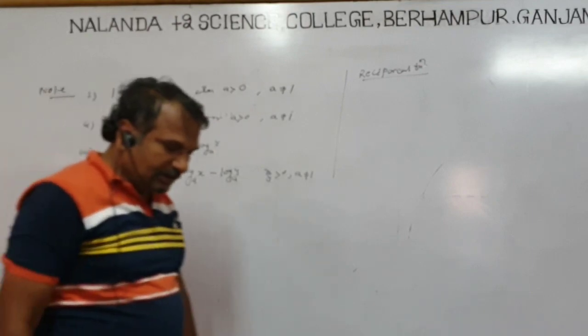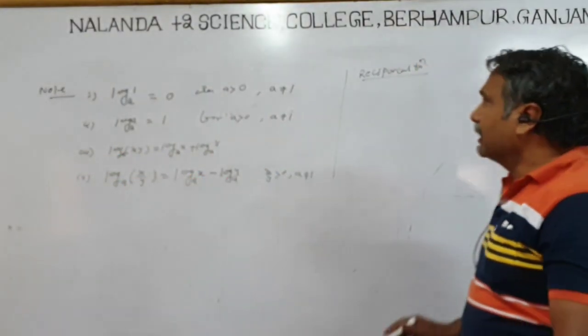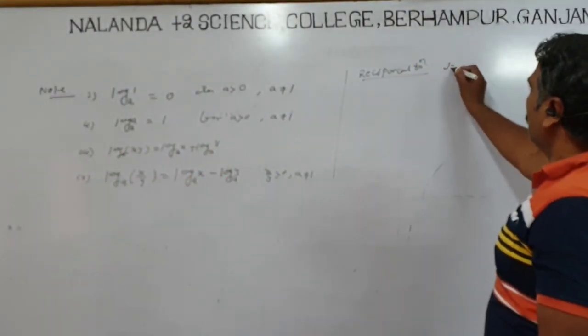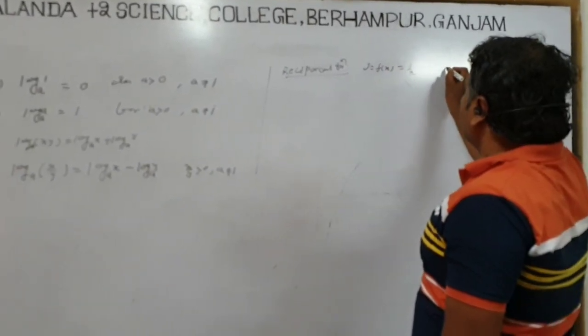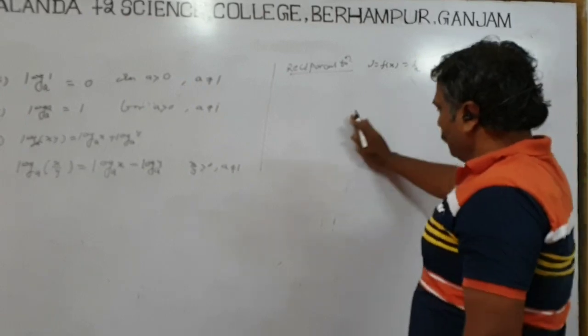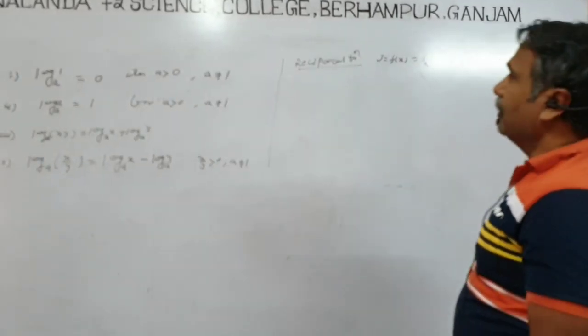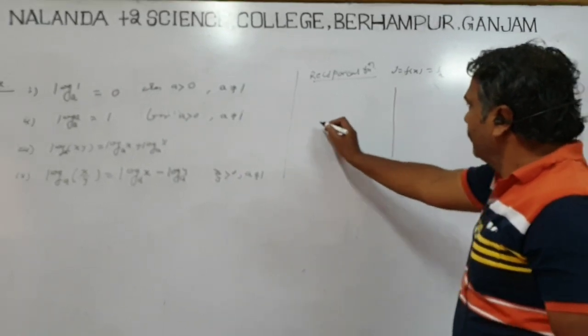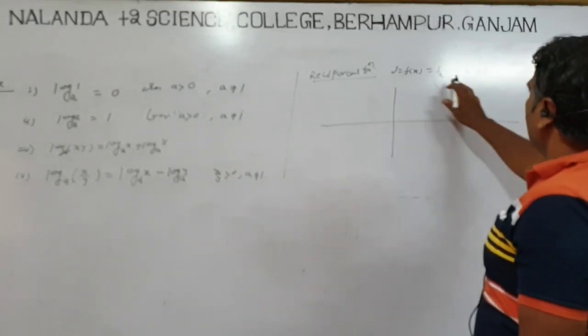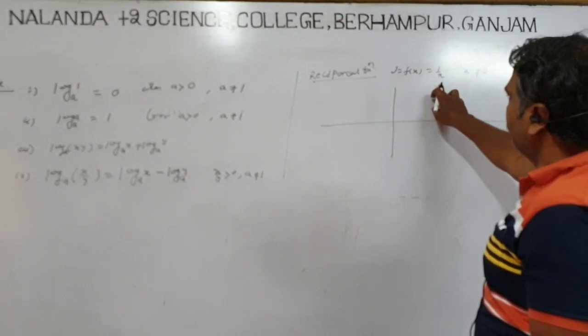Now the next one is the reciprocal function. Reciprocal function means y equal to f of x equal to 1 by x, where x is not equal to 0. This is a reciprocal function. Okay. Now draw the graph. When x equal to 0, y is not defined.